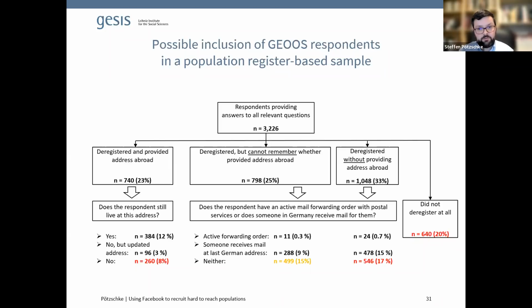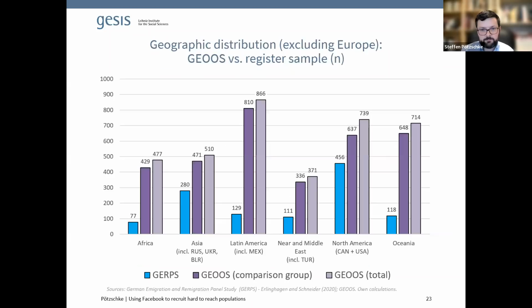So these more than 40%, 45% of the sample, we could be rather sure would not be reached by a register-based sampling. This shows very clearly the potential of this sampling approach, as we are able to reach people who would have been missed if we had used another sampling strategy.